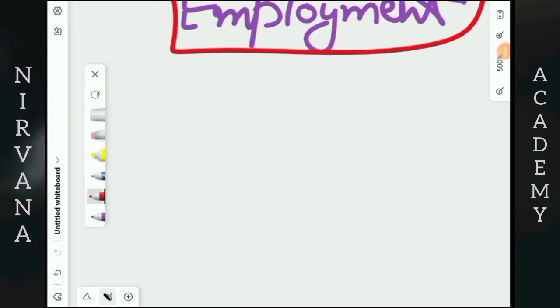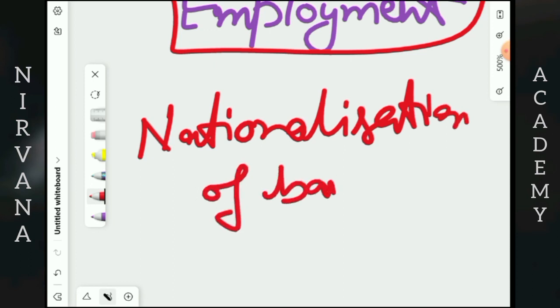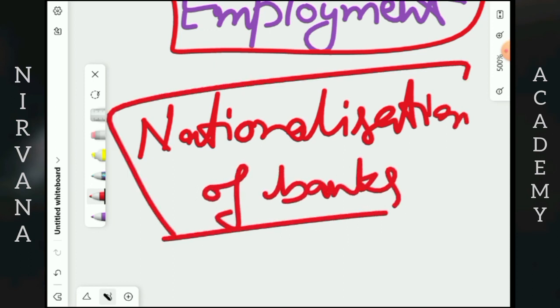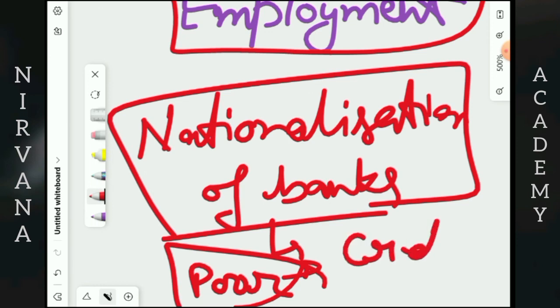The next thing is nationalization of banks, so that every individual, especially the poor, has access to credit.